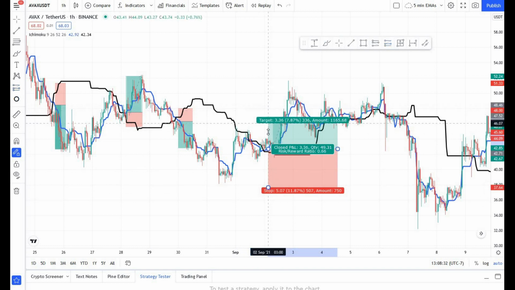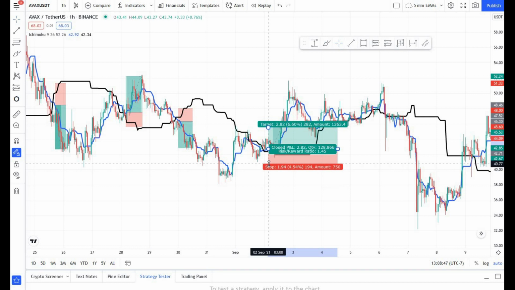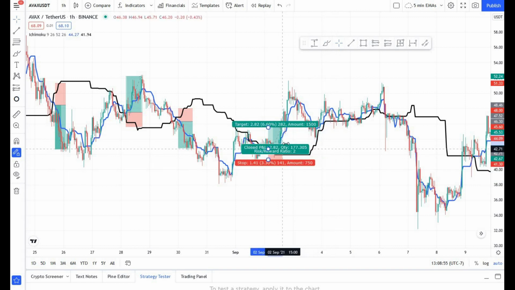My target would be the first flat, somewhere like that. If it's this flat or this flat, no difference. And then my stop loss would be with a ratio of 2 here. So you can see it got hit.